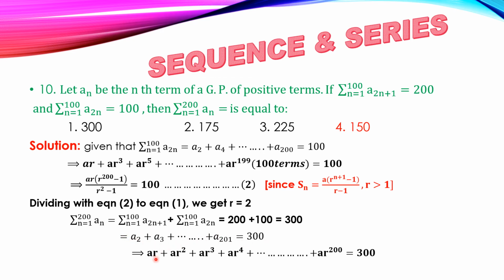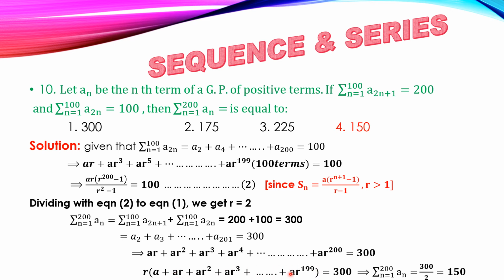Therefore, in the form ar plus ar square plus ar cube plus ar to the power of 4 plus and so on up to a into r to the power of 200, that equals 300. Now we take r common in the series, that is r into a plus ar square plus and so on up to a into r to the power of 199.